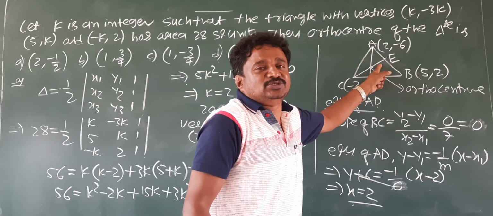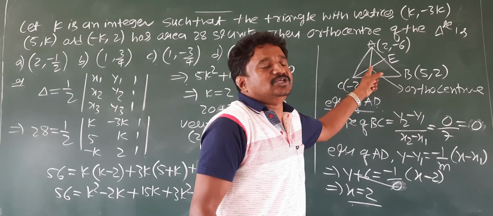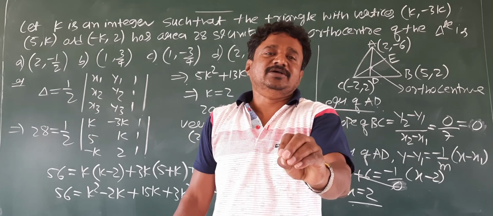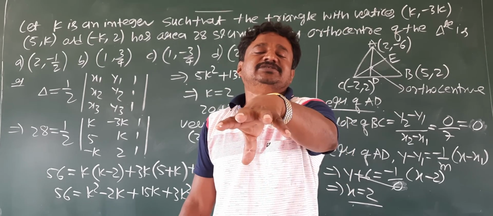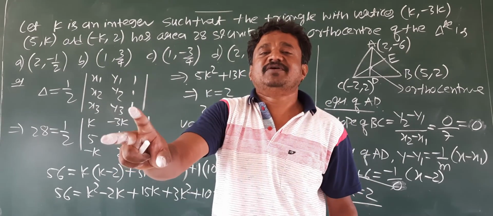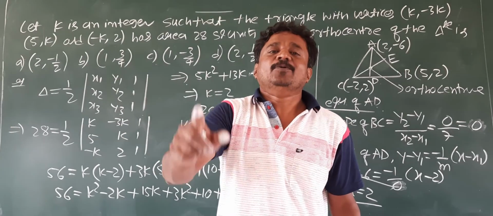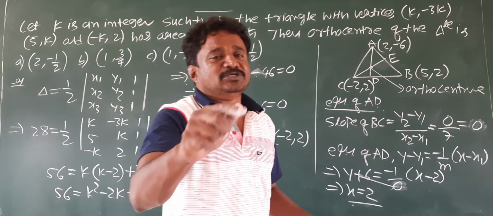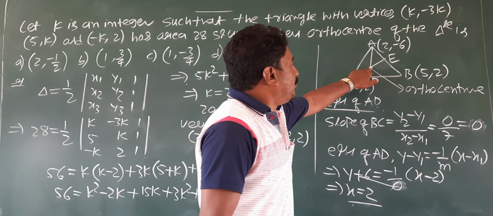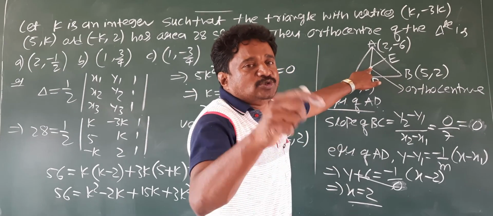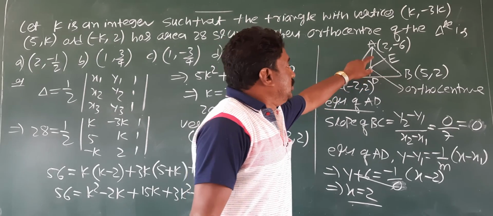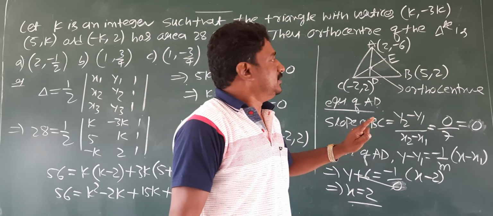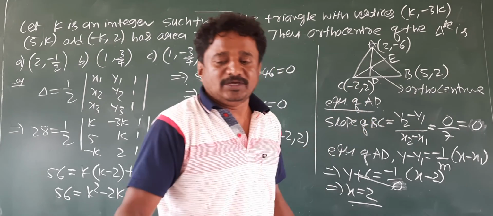On solving these two equations, I am going to get this point of intersection. To get a point of intersection, you just solve the equations. Keep this point in mind. To get it, I have to solve the equations of these two heights.